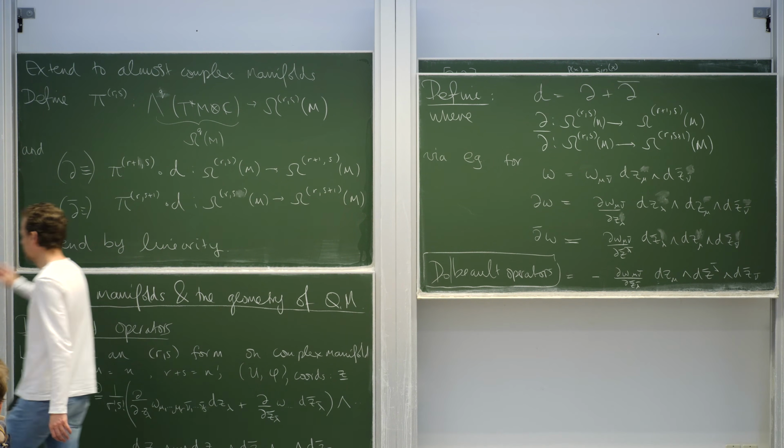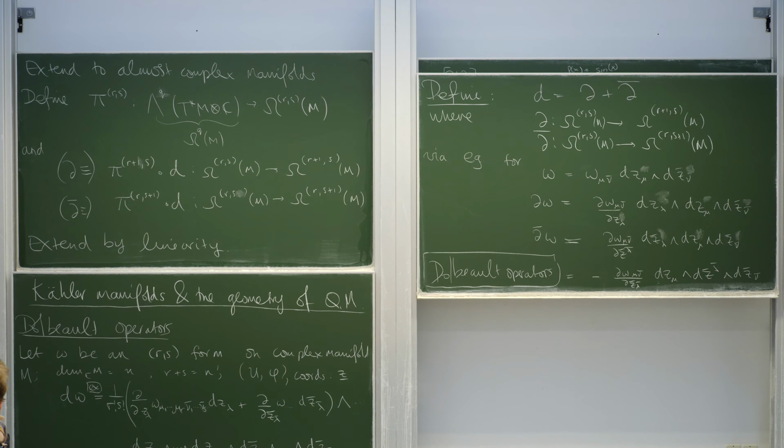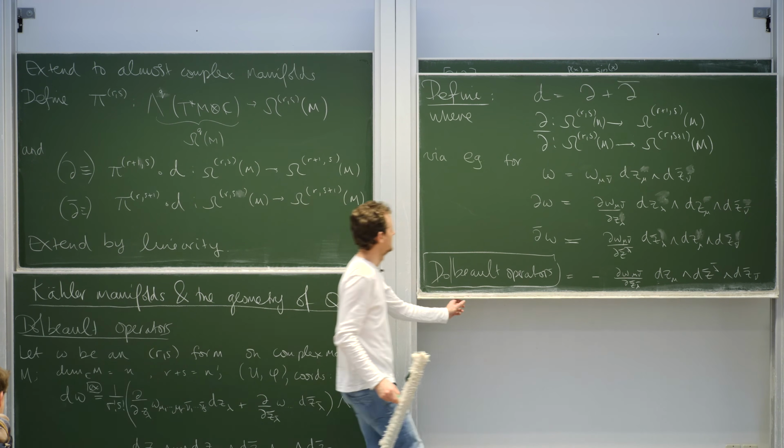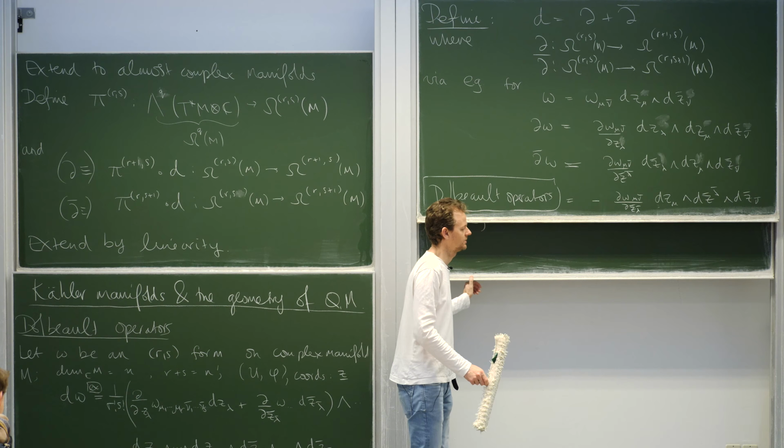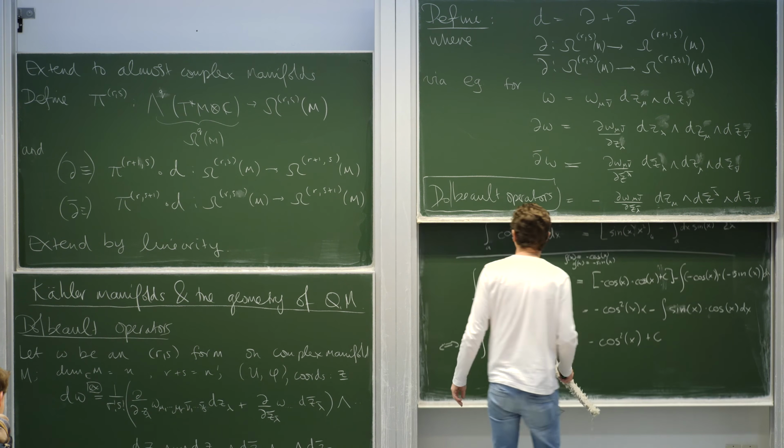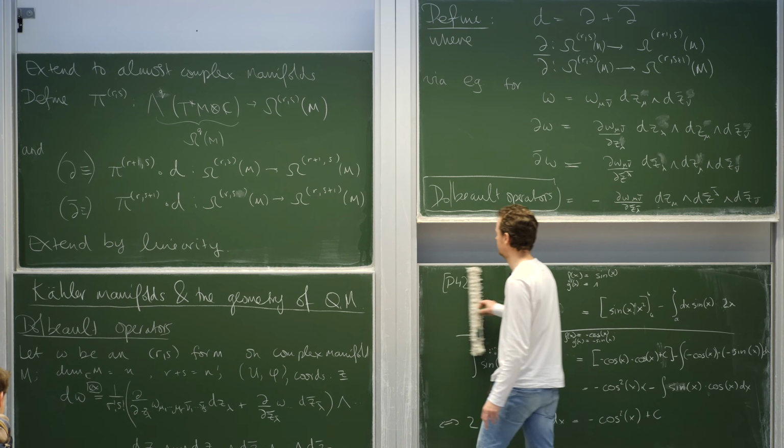So the exterior derivative has many nice properties that were very useful in, for example, proving Stokes' theorem or defining cohomology theories. And one of the most vitally important properties of the exterior derivative is that if you do it twice, you get nothing.